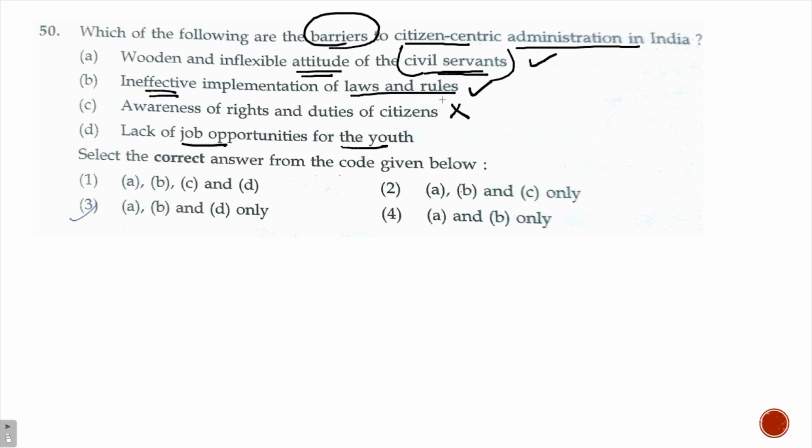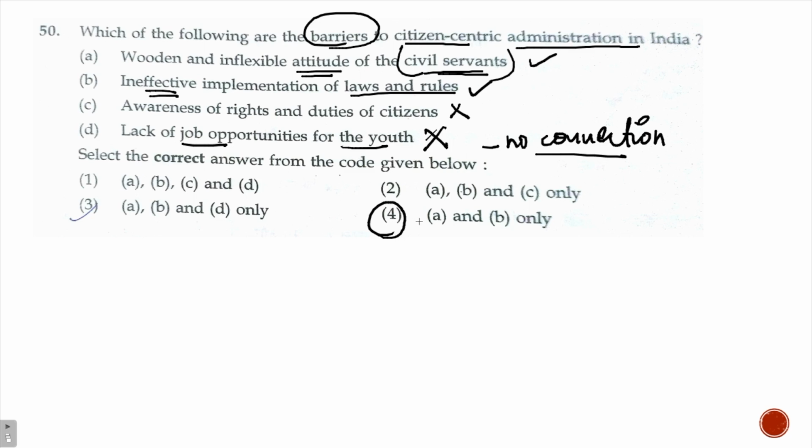You might try to connect it by saying that if the job opportunities are not there, then the people are not aware about how the administration works. But that is a very far-fetched connection that you're creating. Directly, it is not connected with citizen-centric administration at all, and therefore this is also incorrect.